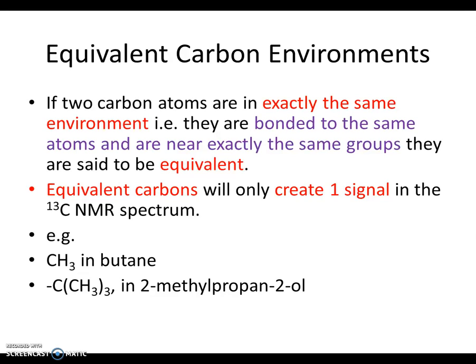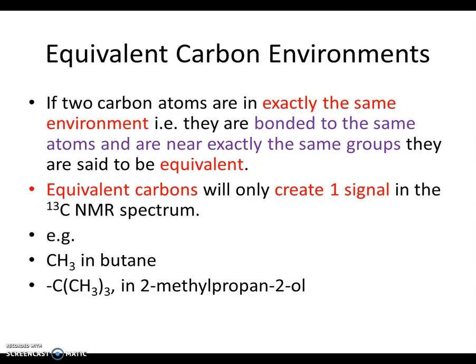So, for example, if you think about butane, CH3, CH2, CH2, CH3, the two methyl groups are in equivalent environments, so therefore there will only be one carbon peak in the carbon 13 for the methyl groups. There will be only one peak for the CH2 groups as well.